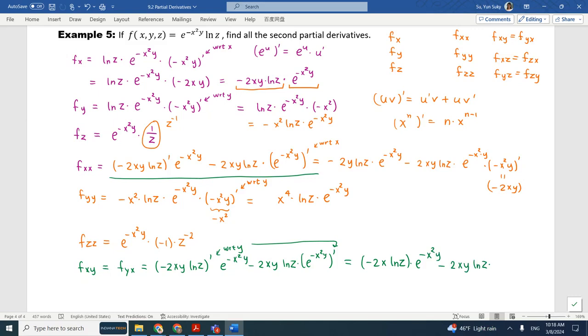How about the derivative of e to the u? Yeah, e to the u times u prime. But what is the u prime here? Exactly, negative x squared. Is that okay, everybody?